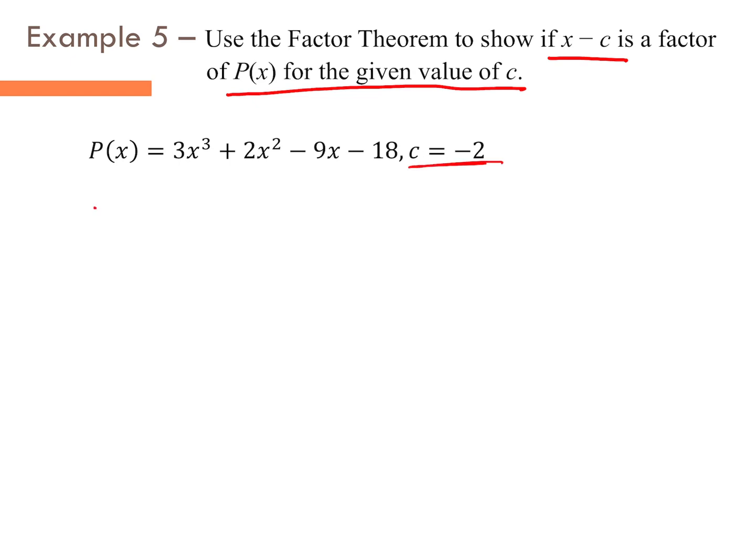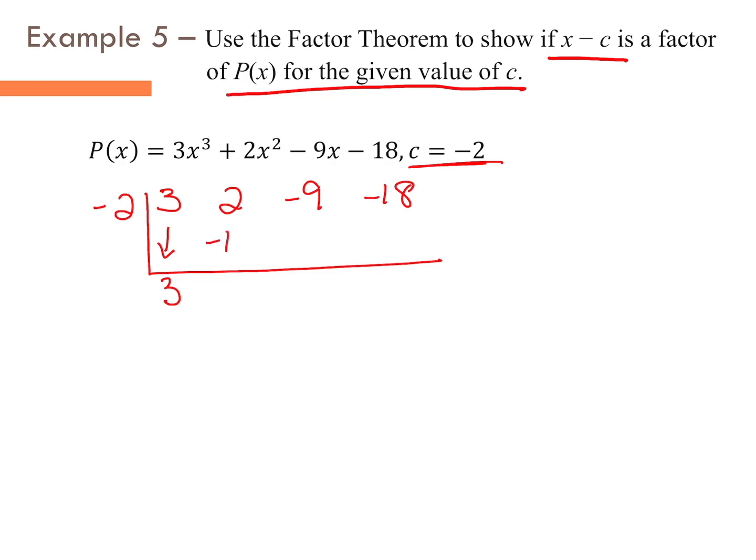So to do that, we'll do our synthetic division. Negative 2 would go on the outside. Our inside is going to be our 3, 2, negative 9, and negative 18. I don't have any zeros this time. So maybe pause, work through synthetic division, see what you get. Bring down the 3, multiply, add, multiply, add, multiply, add again.